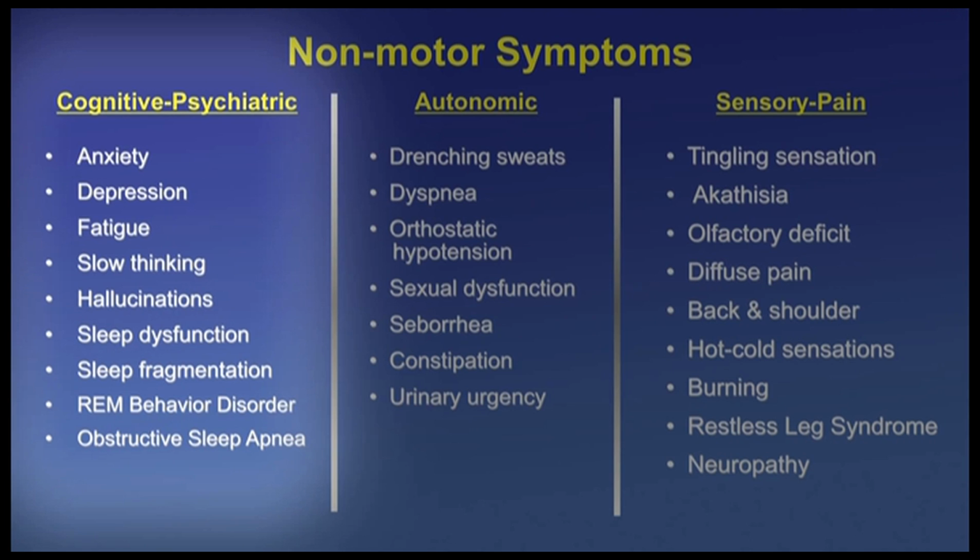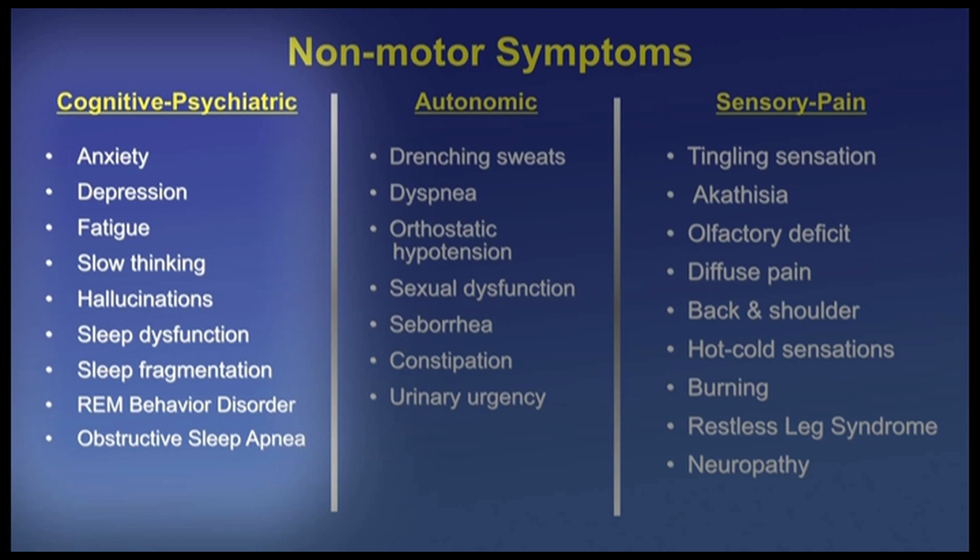80 to 90% of patients with Parkinson's will have fatigue. Exercise helps that. Slow thinking, or what we call bradyphrenia. Some patients will have hallucinations, but sleep dysfunction is very common. It may precede it. You have fragmented sleep, and a common phenomenon that can occur and may anticipate Parkinson's is REM behavior disorder.